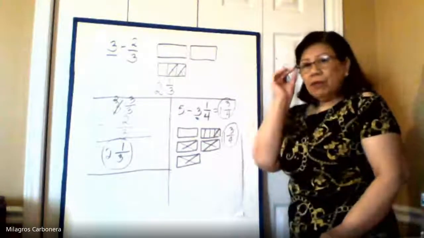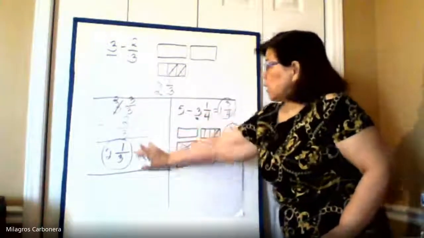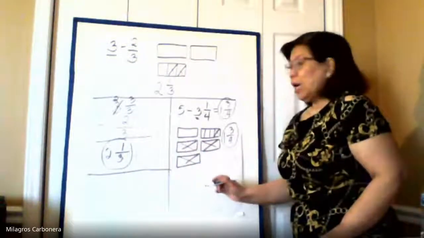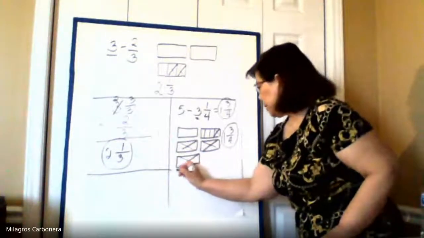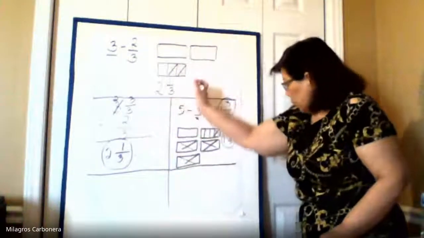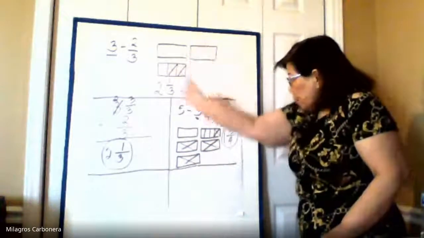How about if I want to use the algorithm or numbers without any pictures? How would I do that? Okay, just the same thing like what I did here. I am going to write my numbers in vertical order.